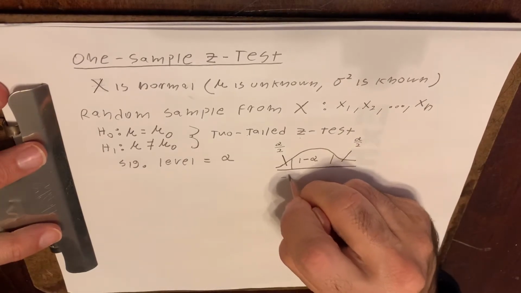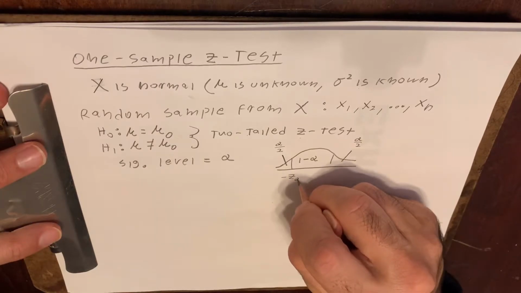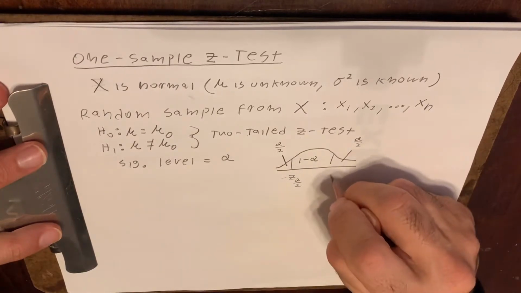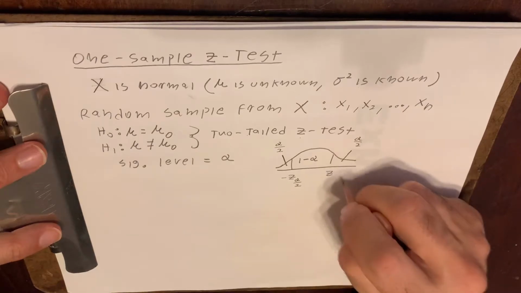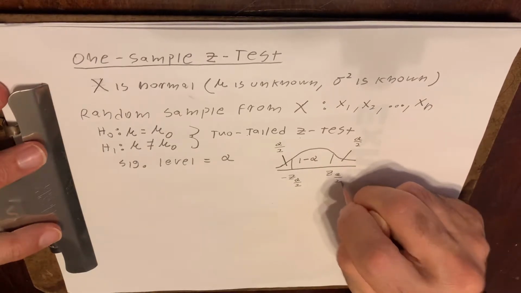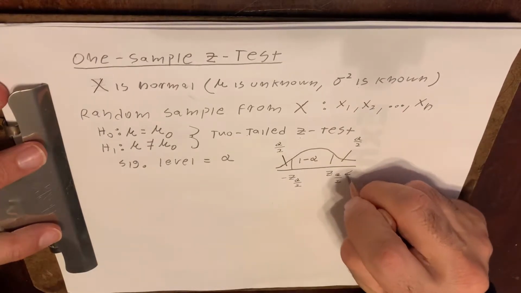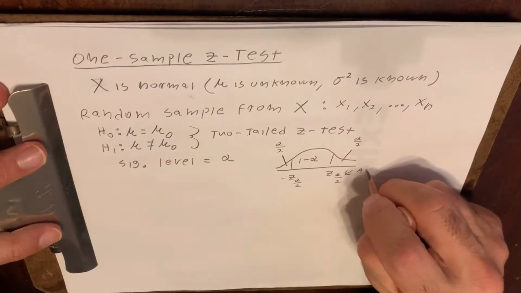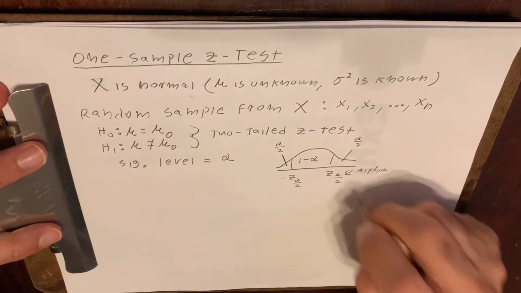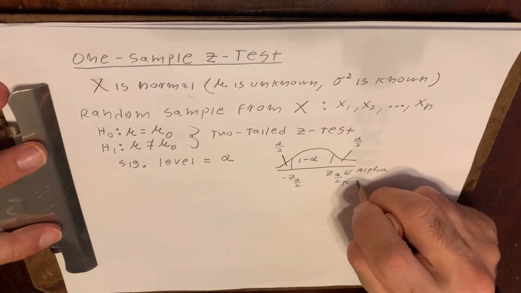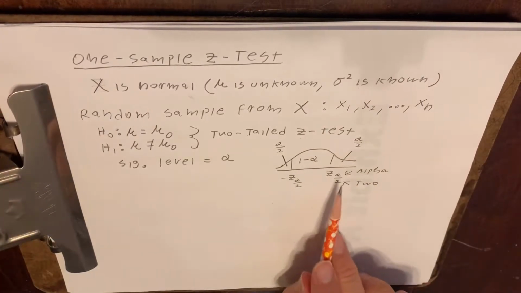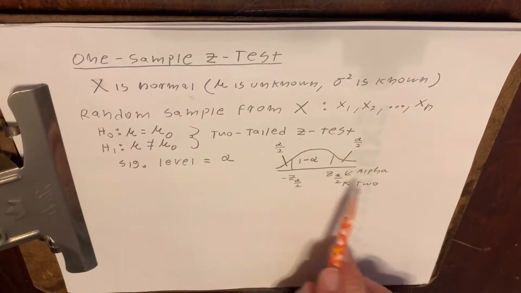We call this negative z sub alpha over 2, and we call this positive z sub alpha over 2. Now, don't forget that this is an alpha, and this is a 2. Some of my students sometimes get a little confused, but keep that in mind.